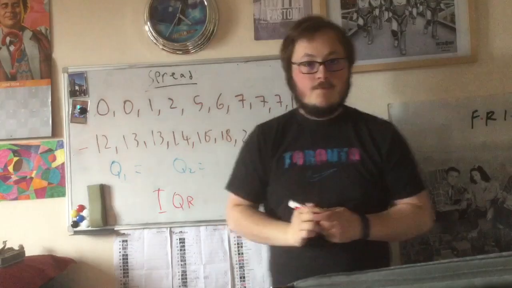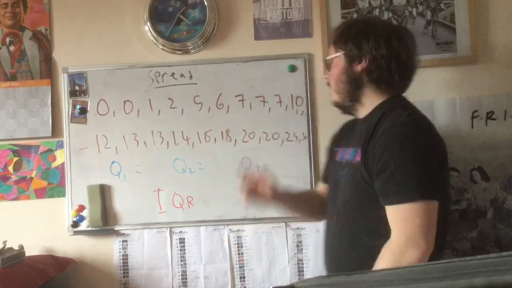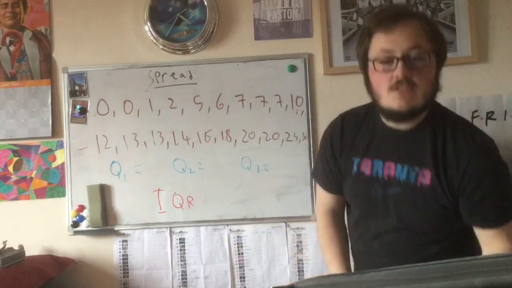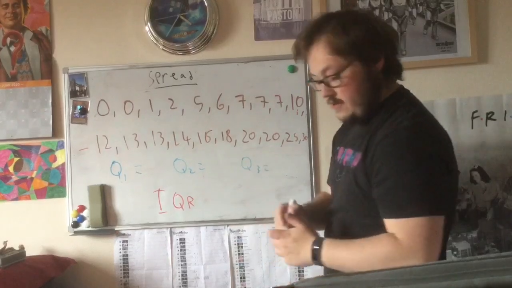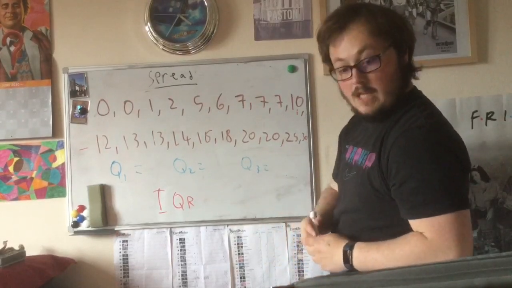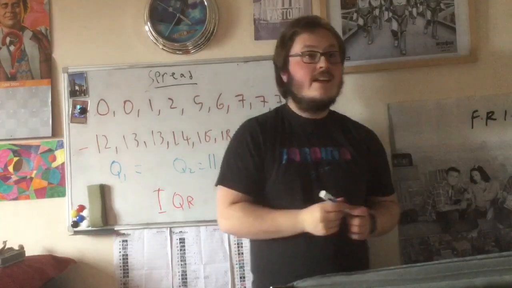So what do we do? We add them together and divide them by 2. So 10 and 12 becomes 22. Divide 22 by 2 and you get our second quartile being, anyone remember? 11. So our median is 11.